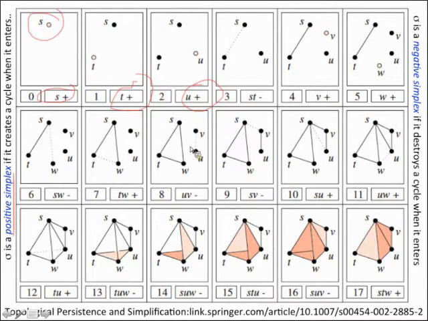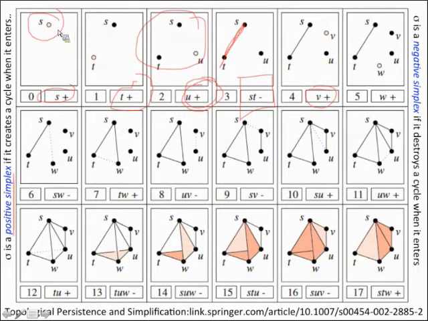But then we can also have negative simplices, and those destroy a cycle. So we had 3 cycles over here, but then when we added this edge, we now only have 2 cycles once we mod out by the boundary. So we still actually have the 3 cycles, but when we mod out by the boundary, we say S and T are now equivalent.